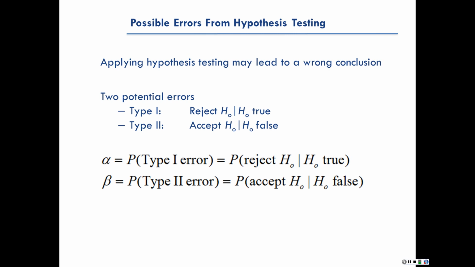This is the error that occurs if we accept the null hypothesis, or the status quo, when the null hypothesis is in fact false. This is often referred to as beta, and beta is often much higher because generally people don't consider it to be as problematic to accept the null hypothesis when it's false as it is to reject the null hypothesis when it's true.